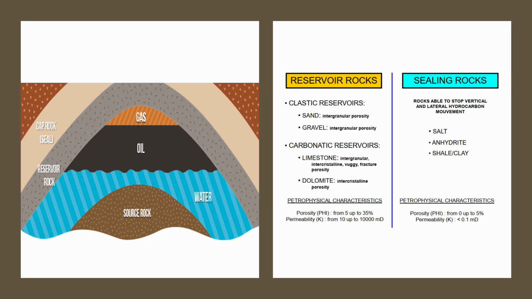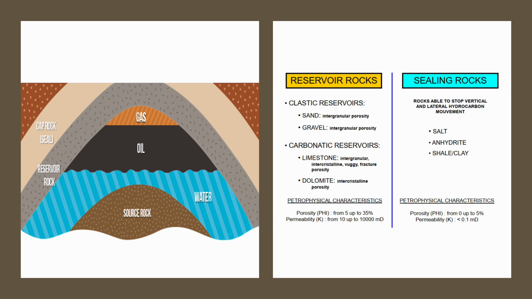So, the petrophysical characteristics of reservoir rocks. Porosity ranges from 5% to 35%, and permeability varies between 10 to 10,000 millidarcies. The unit is millidarcy, allowing hydrocarbons to move easily. Sealing rocks trap hydrocarbons and prevent their movement. Common examples include salt, anhydrite, shale, and clay.